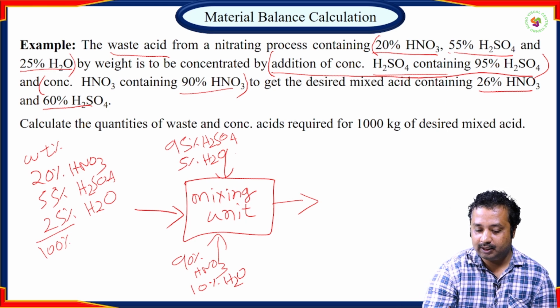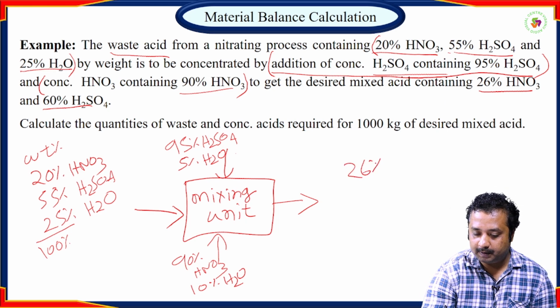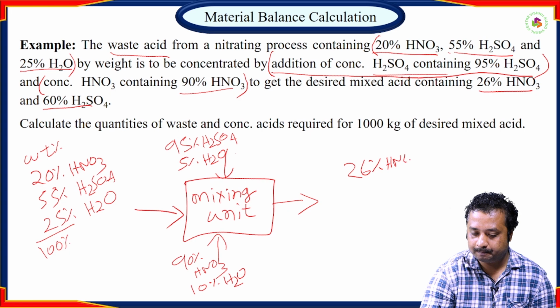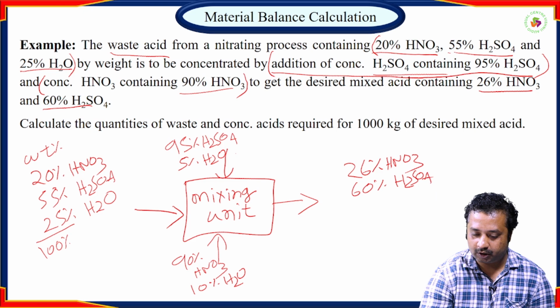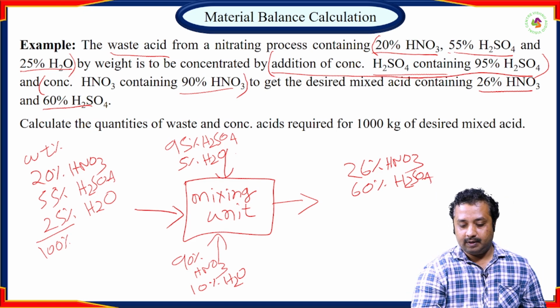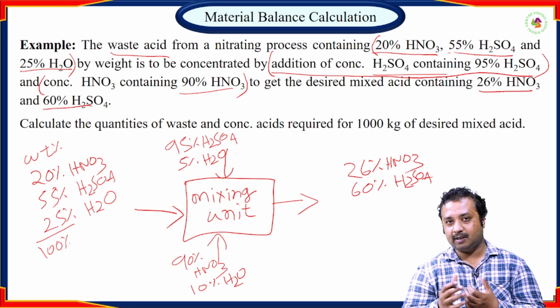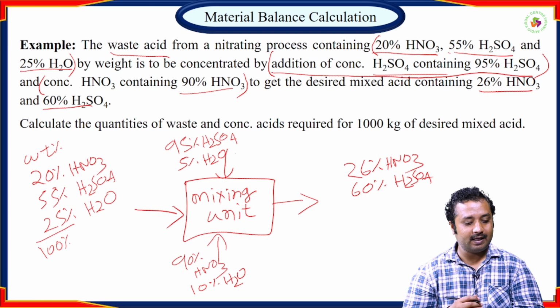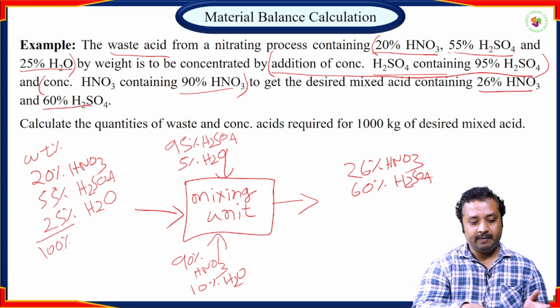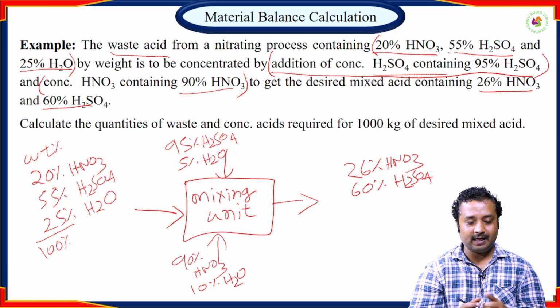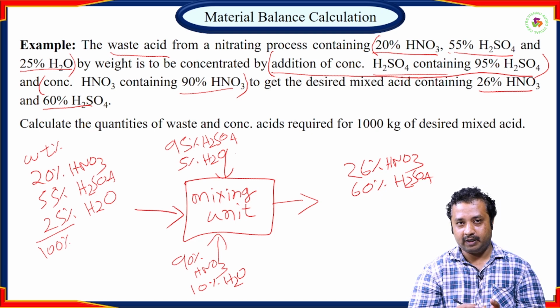So what is the product stream? 26% HNO3, 60% H2SO4. This is the product stream. As you can see, 60 plus 26 does not come to 100, so there is some missing data. As per the given data, there are three components: HNO3, H2SO4 and water.